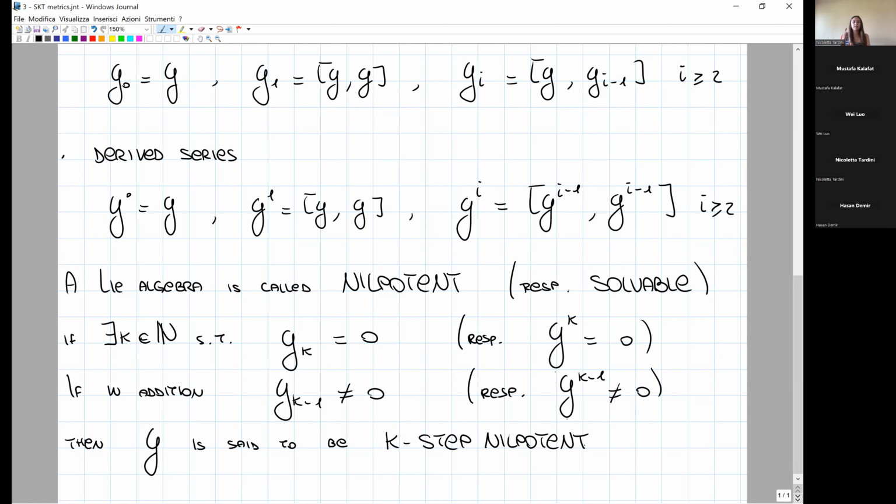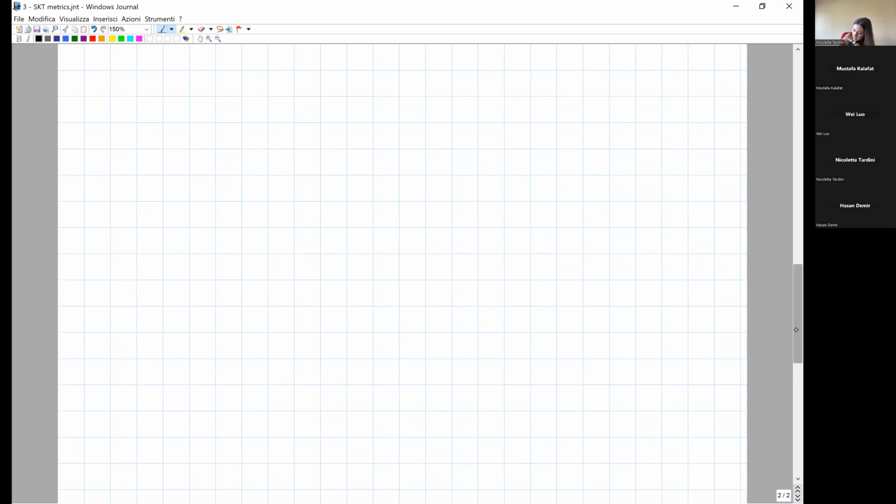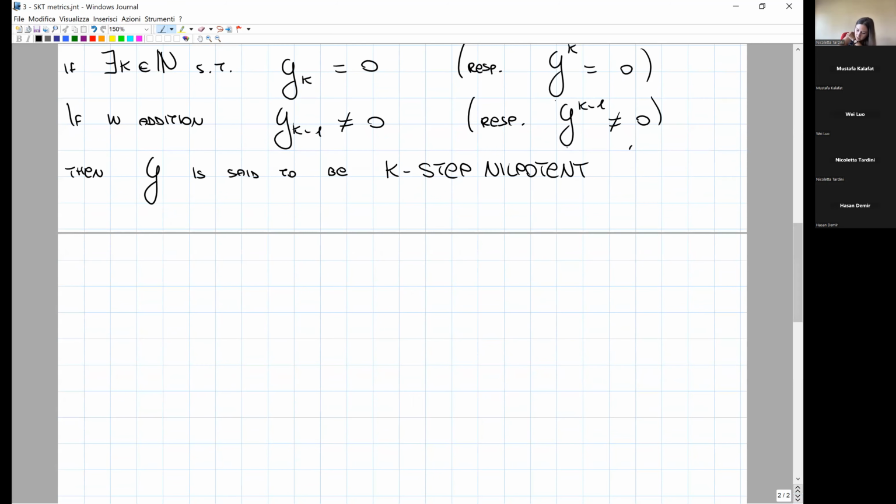So K-step nilpotent means that K is exactly the smallest index such that Gk is trivial, okay? And similarly, in the other case, we speak about K-step solvable.